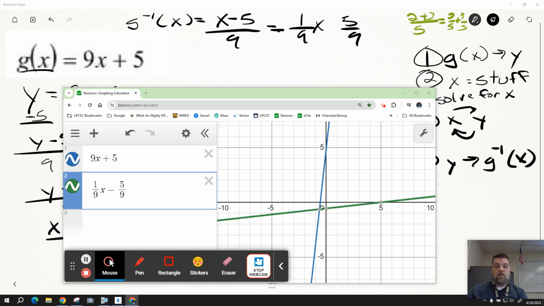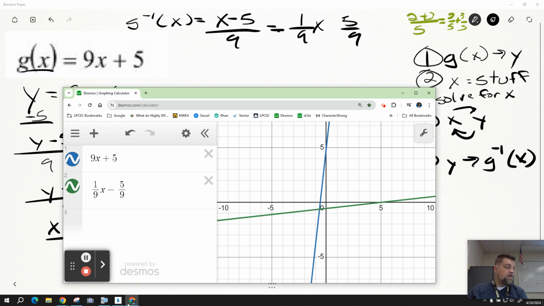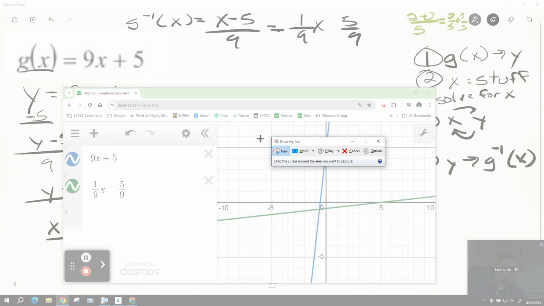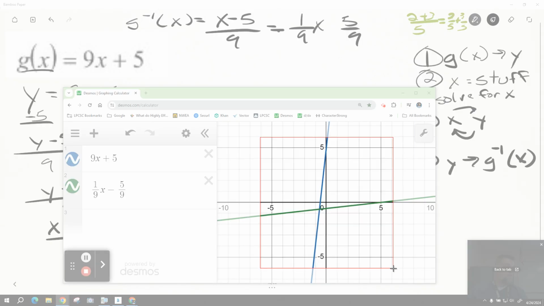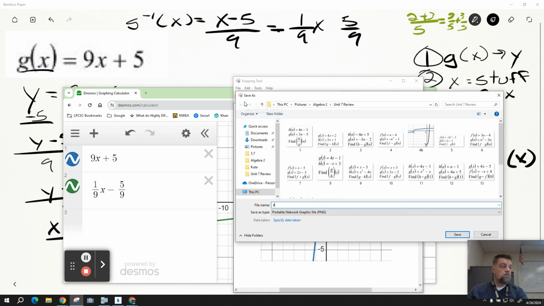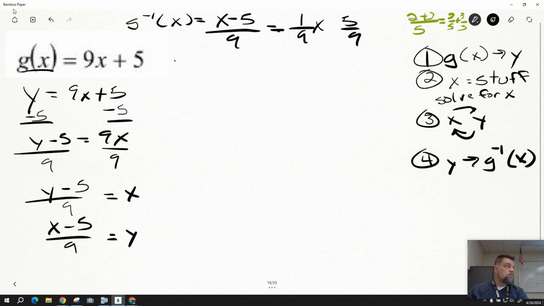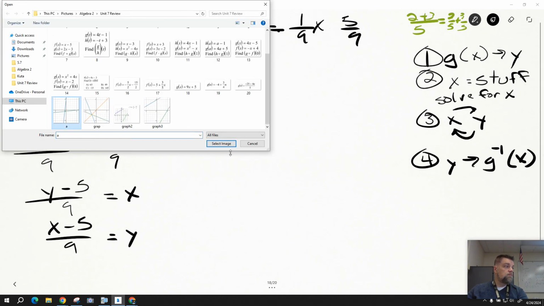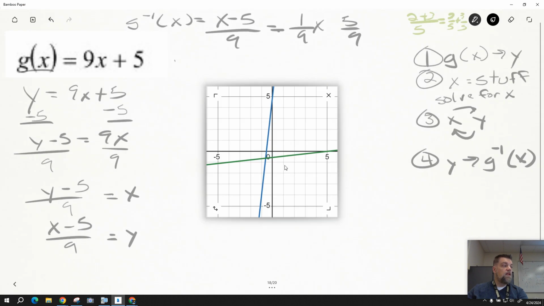As I look at your multiple choice, it goes from about negative 6 to 6. So I'm going to take a screenshot real quick. Would you include the y-axis?